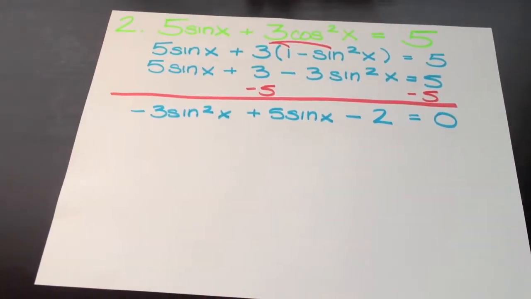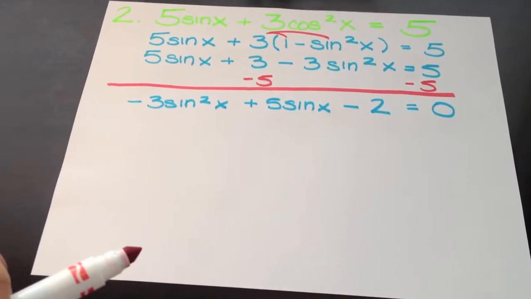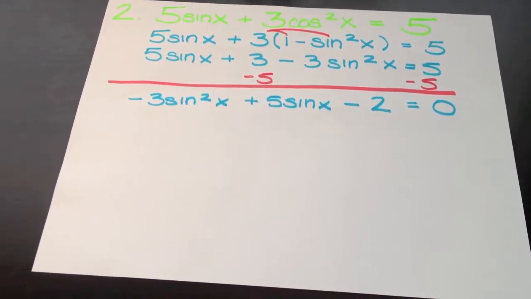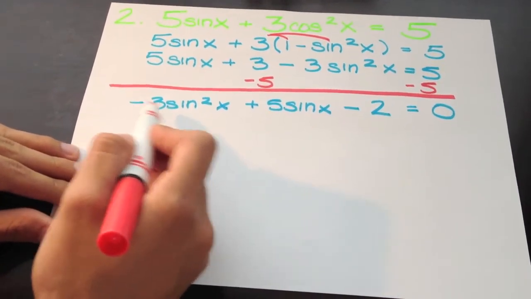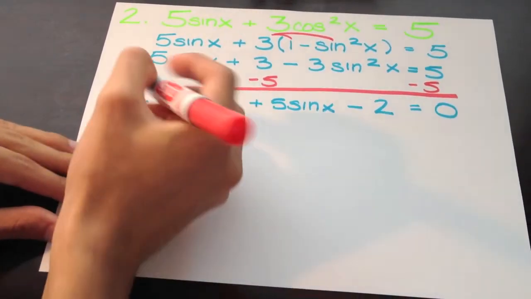We're going to multiply the whole quadratic by negative 1 because we want to make negative 3 sine squared of x positive.